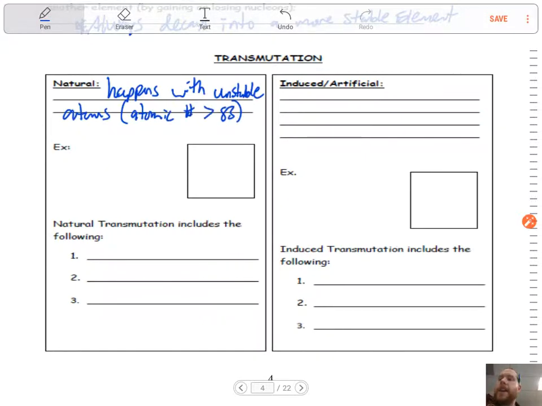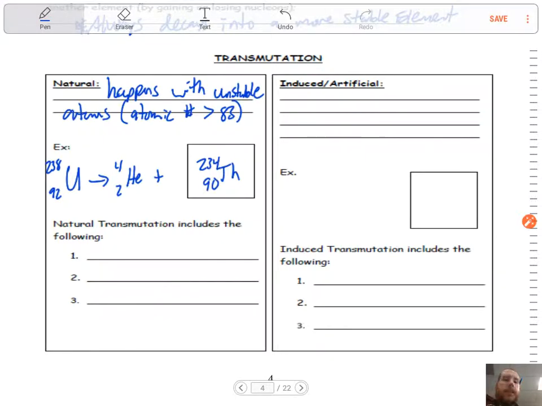Those are your natural ones. For example, if we had uranium-238, now we're writing a nuclear reaction here, guys. We're going to learn how to do this in the next video when we talk about decay. But for now, it's going to decay into thorium-234. This is an example of what we call alpha decay.